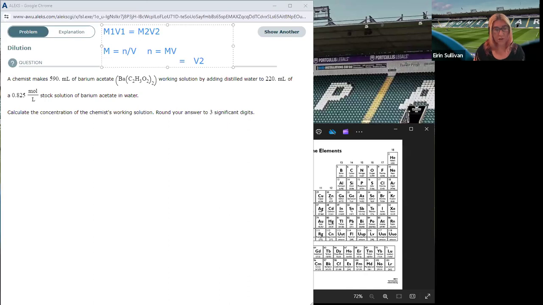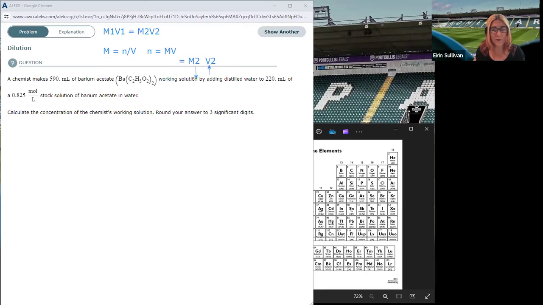The concentration is going to go down, so that's our molarity 2. It's the same number of moles, you've just diluted it into a larger volume, which means the concentration, the number of moles per unit volume, has got to shrink. It's easier to visualize this with arrows: if this has gone up, then this must go down for the number of moles to be equal.